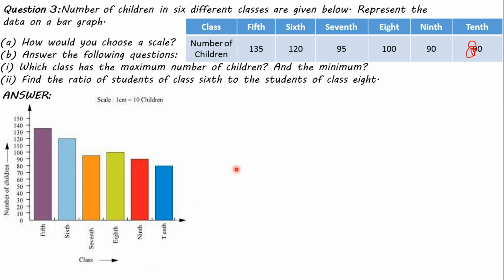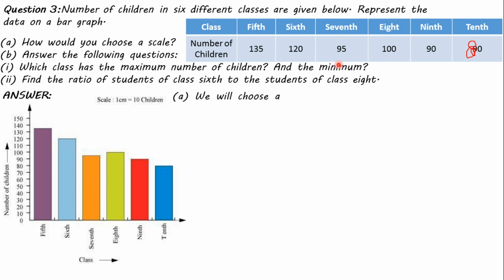Now next, find the ratio of the students of class 6th to class 8th. To calculate the ratio, you will divide the number of children in class 6th by the number of children in class 8th. So you will write like this: 120 upon 100.